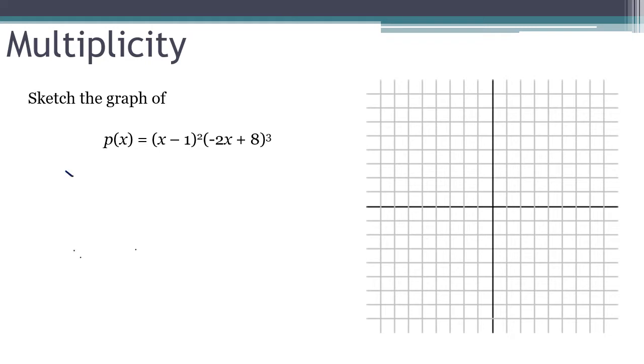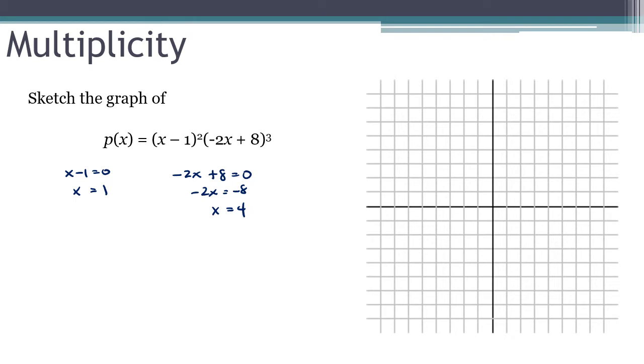Well, the x minus 1 factor gives me x equals 1, and the minus 2x plus 8 factor gives me minus 2x is negative 8, x equals 4. Okay, good. Now, what are the multiplicities of these things?